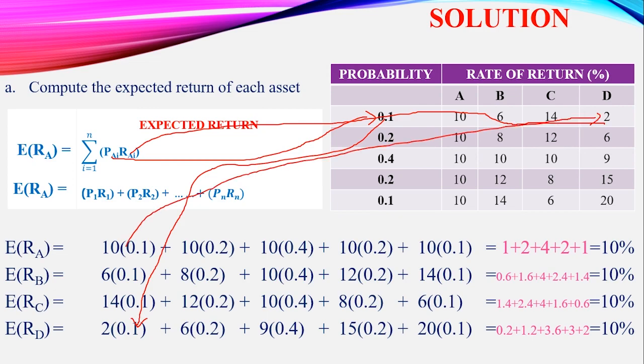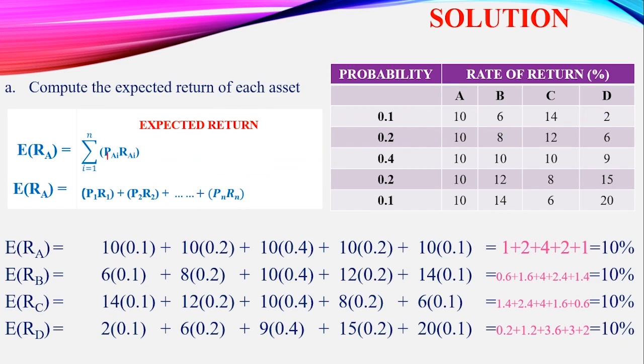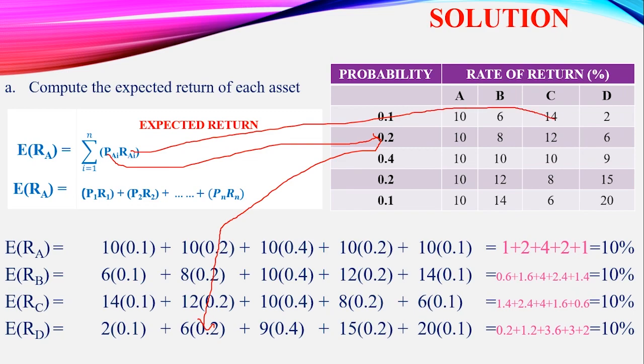Then I bring it there. Then you go to the other one. The same way, PAI at the second one is 0.2. So I bring it here. Then the RAI again is 6. I bring it down there.